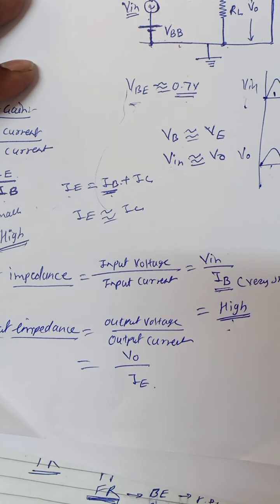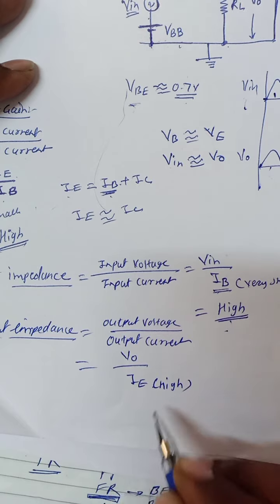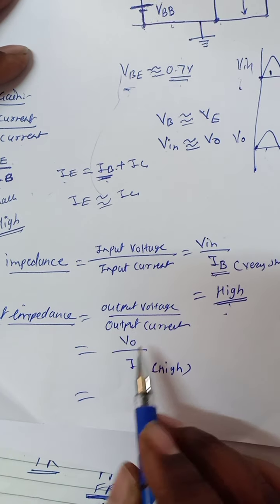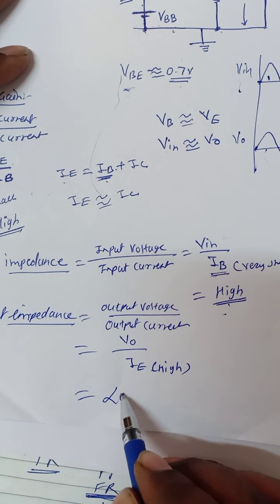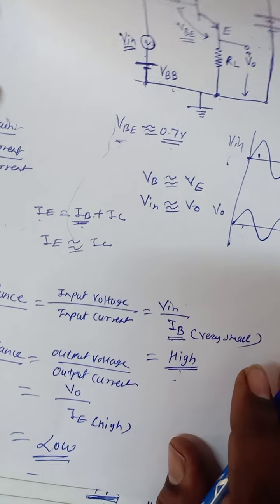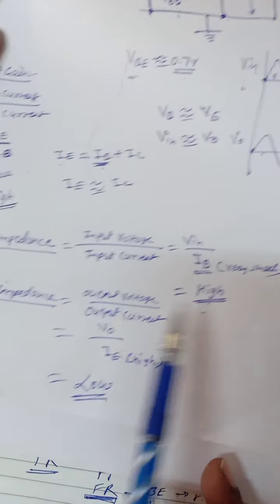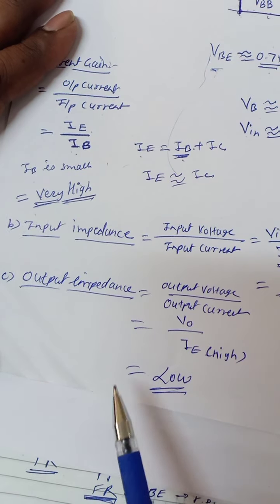This IE is very high, so the output impedance is obviously low. So these are the three factors you have to consider: the current gain is very high, the input impedance is high, and the output impedance is low.